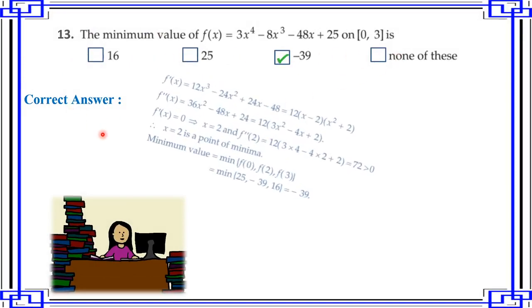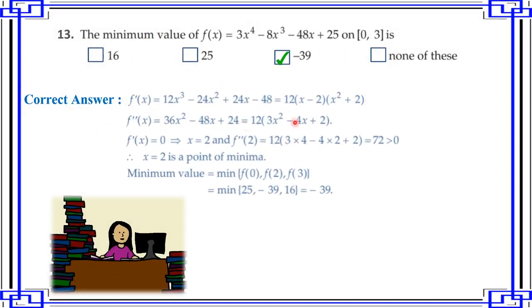Again, the same way, you can find the first derivative, second derivative, equate with 0, find the critical point and put the value in the second derivative and check; we are getting greater than 0. It's a point of local minima, and then the minimum value we have at f at 0, 2 and 3. So what is the value at 0, at 2 and at 3?